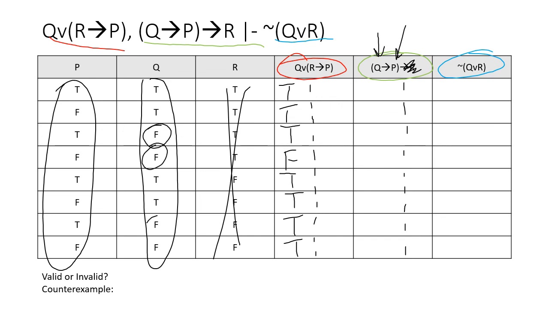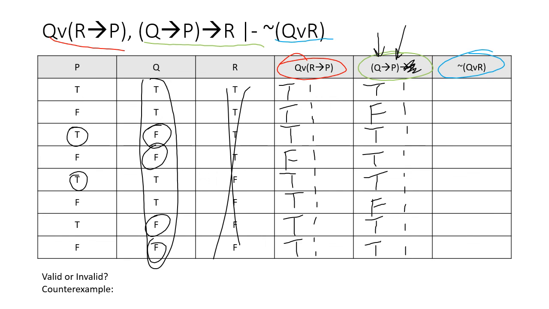Q being the antecedent is false here, and P being the consequent is true here. So the value for this arrow is going to be true, false, true, true, true, false, true, true. And we can erase all this.